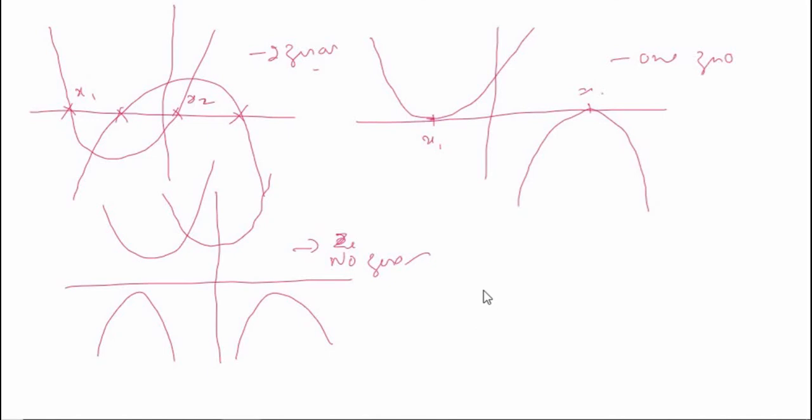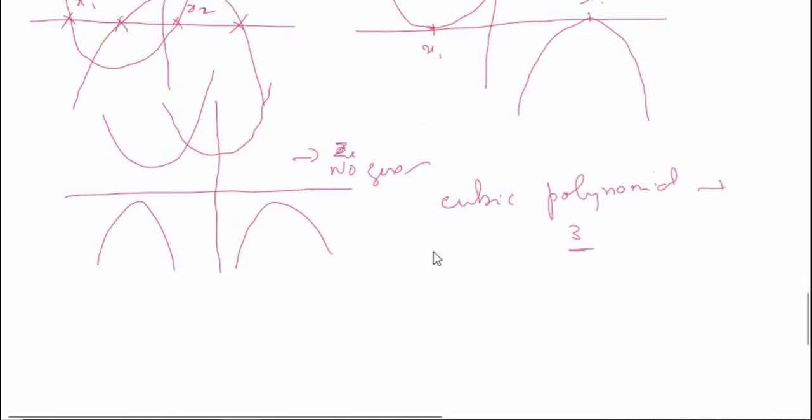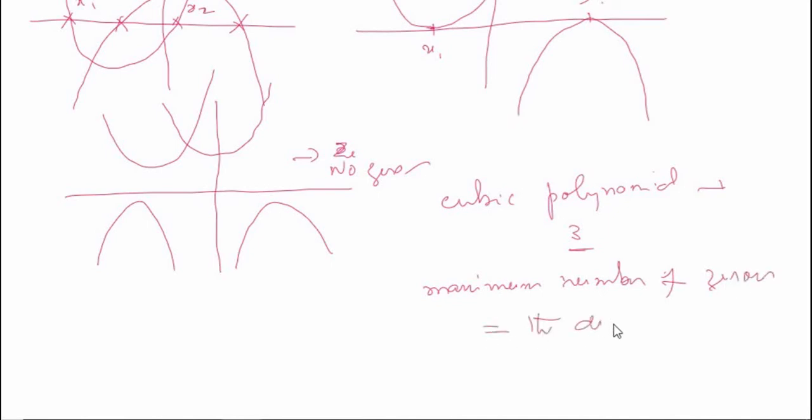Now if it is a cubic polynomial, then the maximum zeros you can have is 3. Or we can generalize that in any polynomial, the maximum number of zeros is equal to the degree of the polynomial.